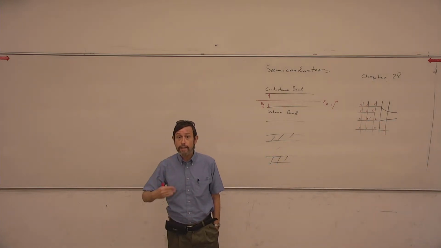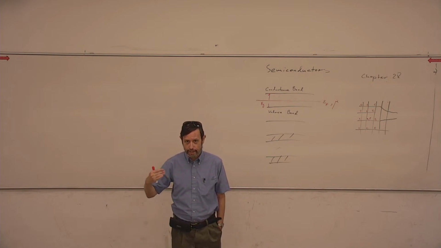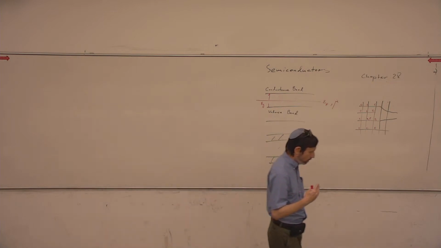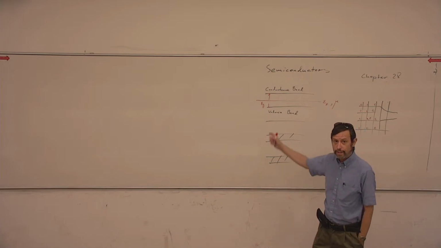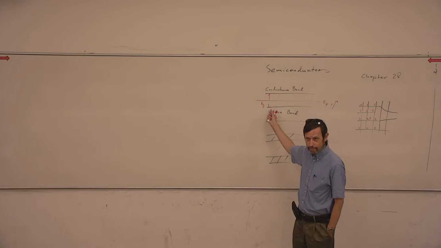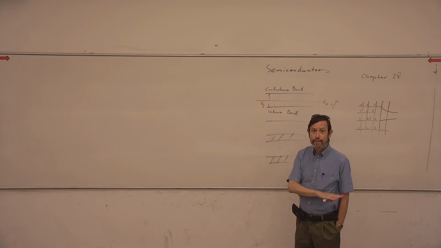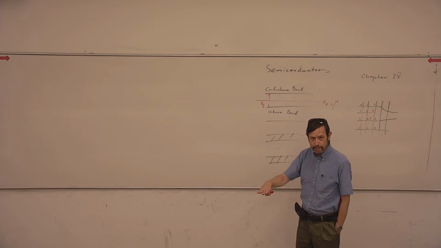Now, the second part of the semiconductor industry is basically using those impurities after we created a completely clean and perfect lattice.